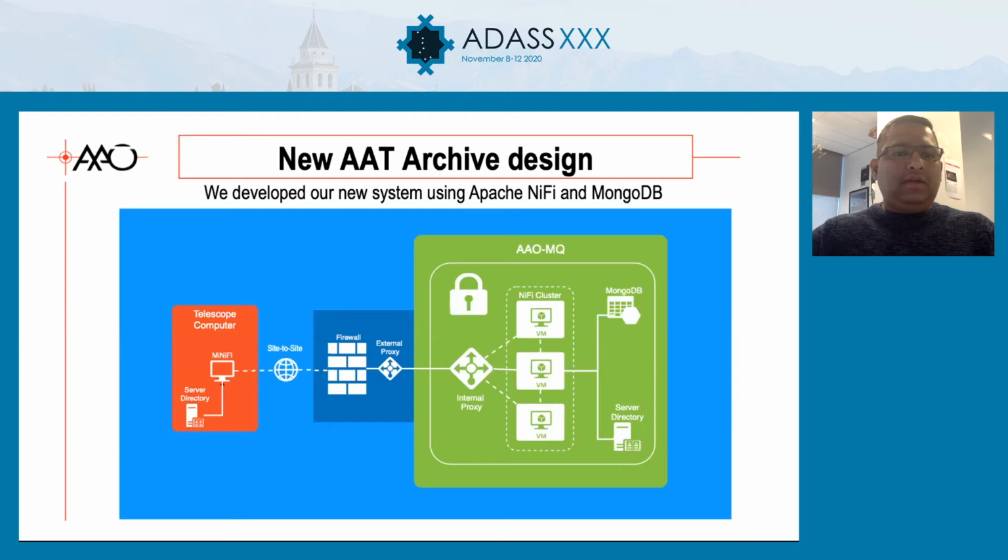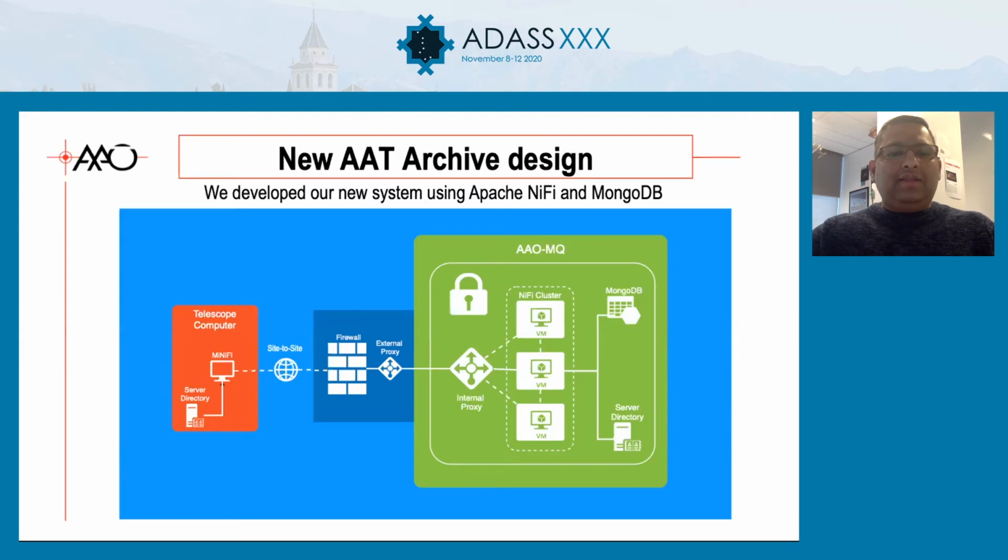As you can see in the orange box, we have MiNiFi. MiNiFi is a minified version of Apache NiFi, which can be installed and deployed onto resource limited computers or systems, for example, a Raspberry Pi.